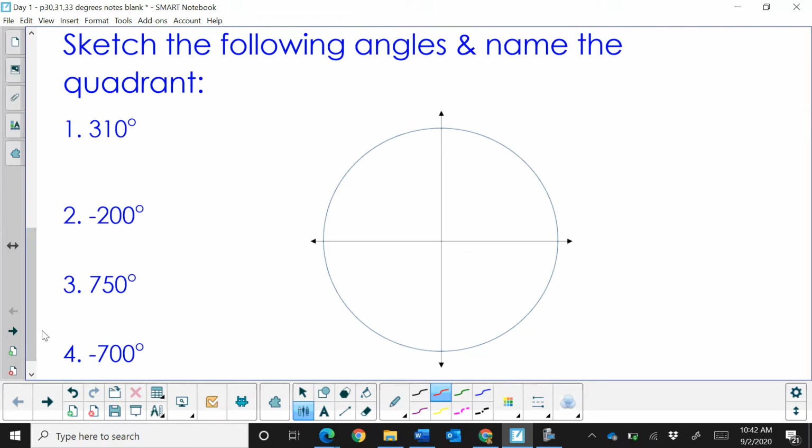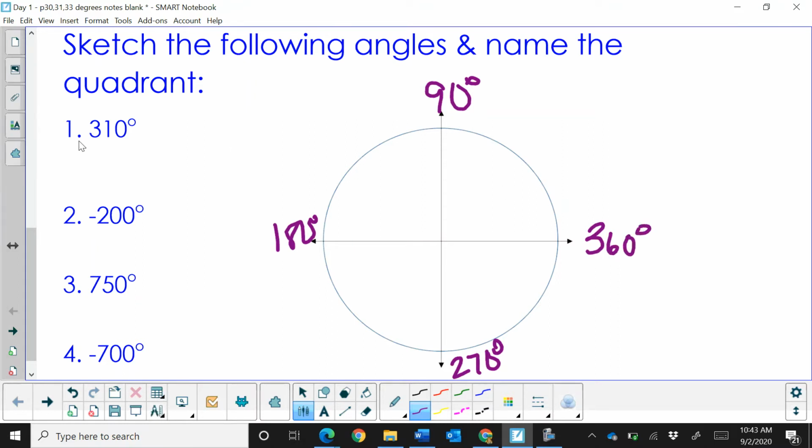So at the bottom of page 30, you're going to go down and draw a circle, and we're going to sketch some of these positive and negative angles. So I'm going to go ahead and label my positive angles as 90, 180, 270, and 360.